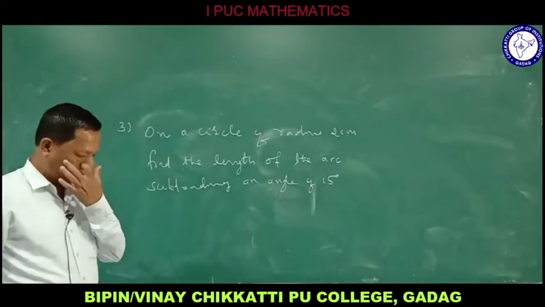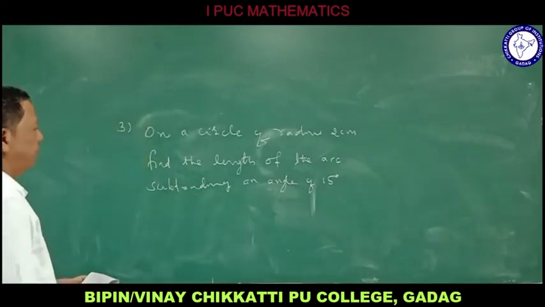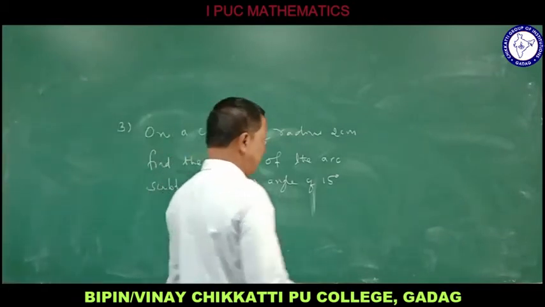See the question, of course simple. On a circle of radius 2 centimeter, find the length of arc subtending an angle 15 degree.